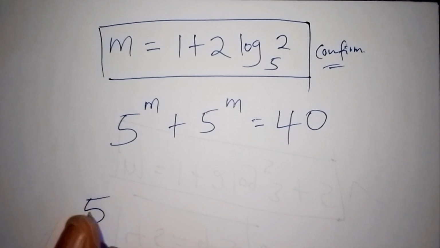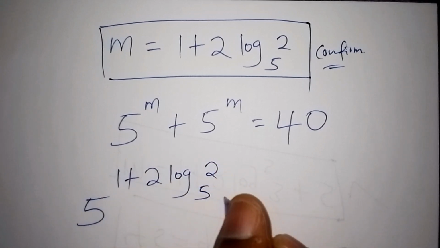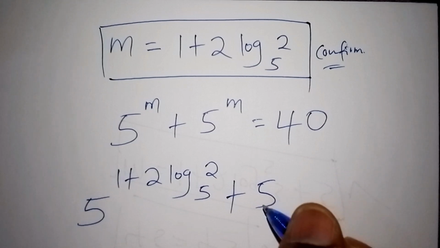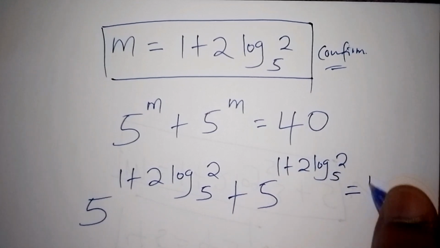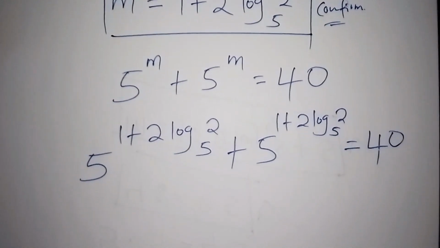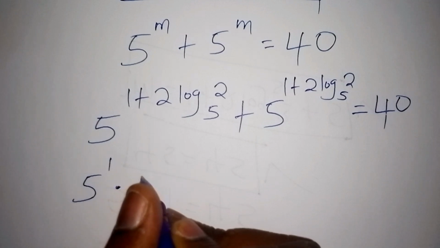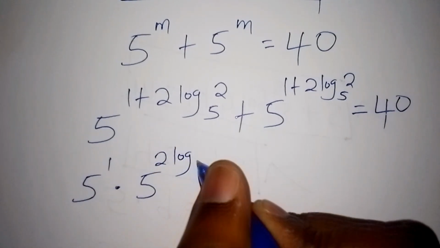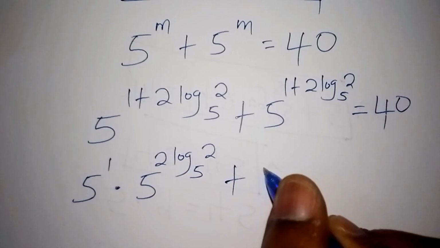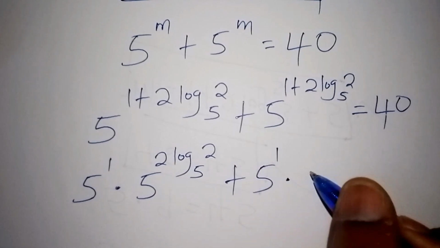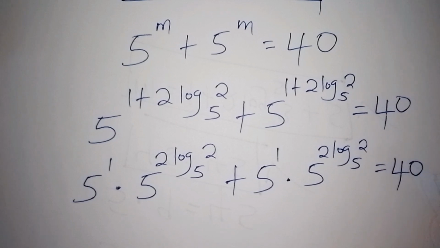So we have 5 to the power of 1 multiplied by 5 to the power of 2 times the log of 2 to the base of 5, plus again 5 to the power of 1 multiplied by 5 to the power of 2 times the log of 2 to the base of 5, is equal to 40.